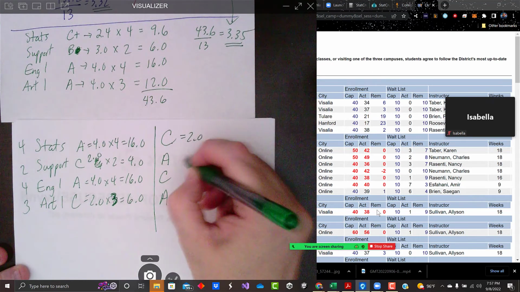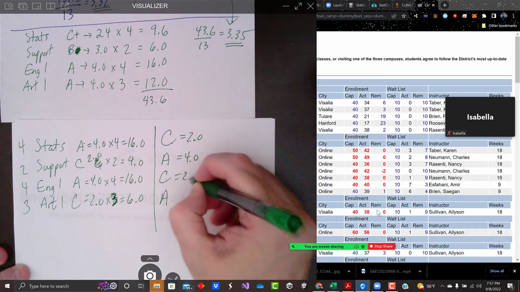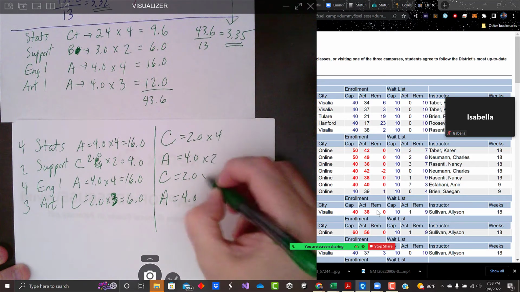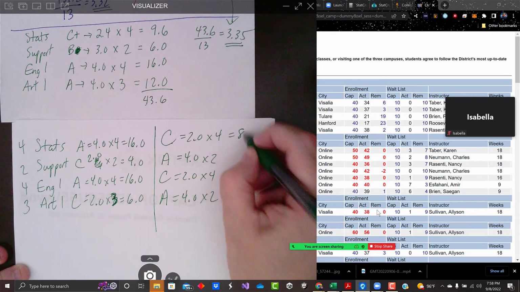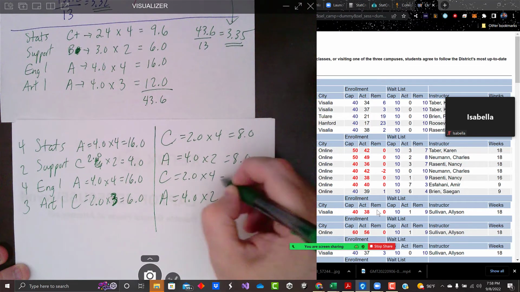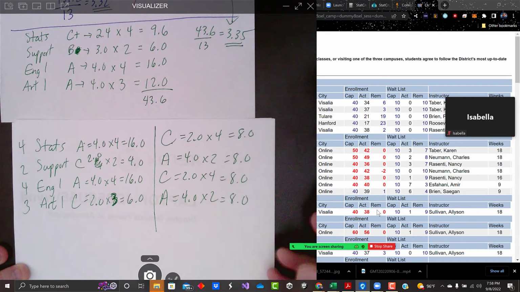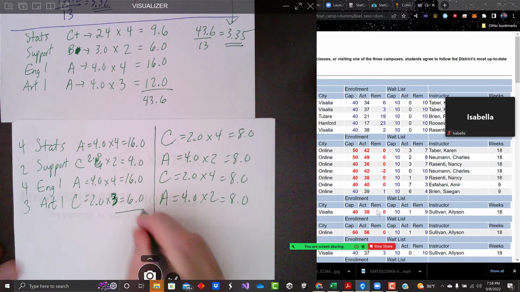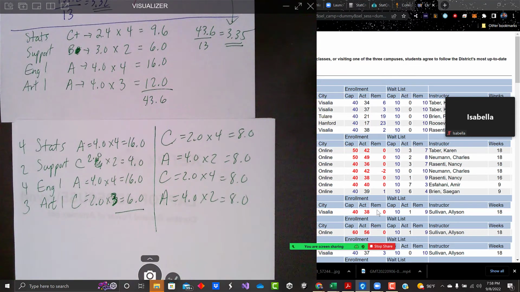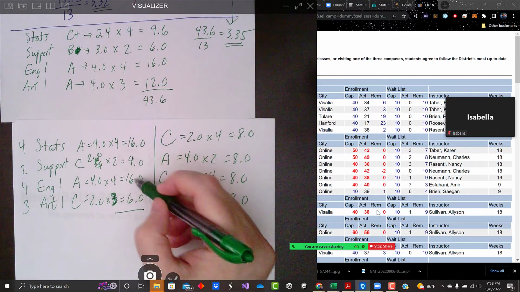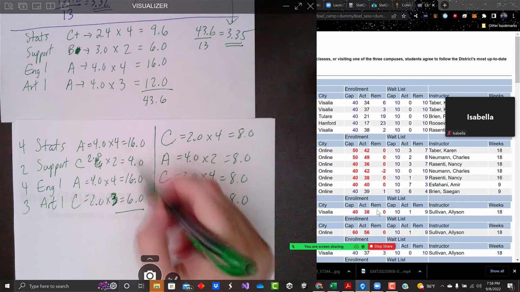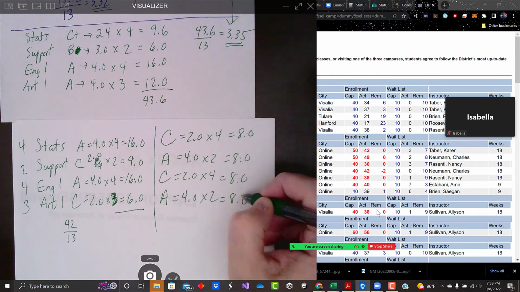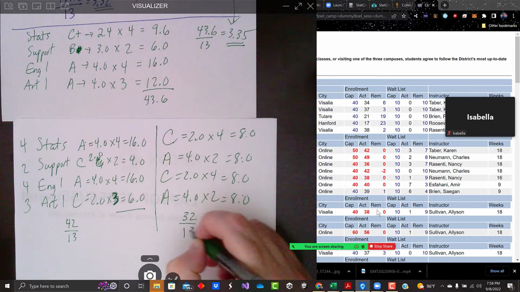This is 2.0, 4.0, 2.0, 4.0, times 4, times 2, times 4, times 2, which makes them all 8. So getting A's in the 4-unit class, your GPA would be 16 and 16 is 32, plus 10 is 42. 42 over 13. 8, 8, 8, and 8 is 32 over 13.